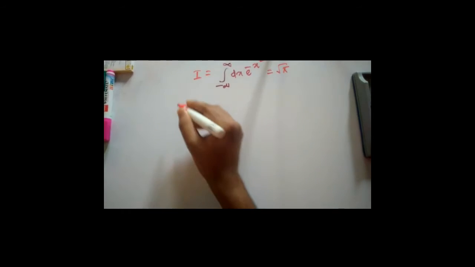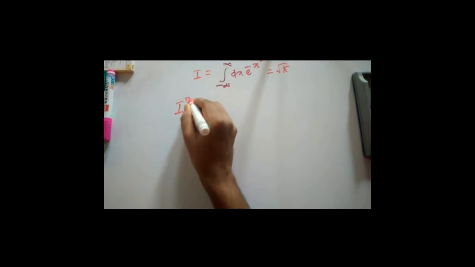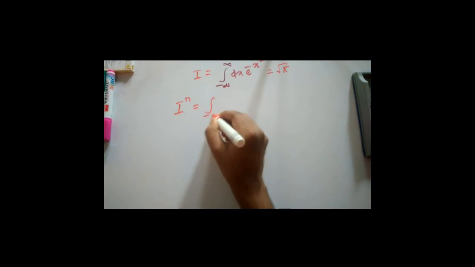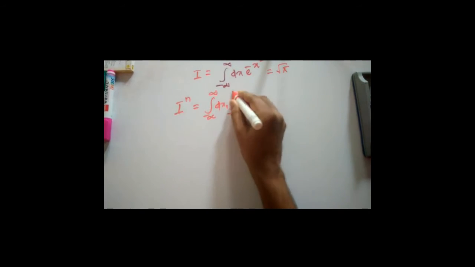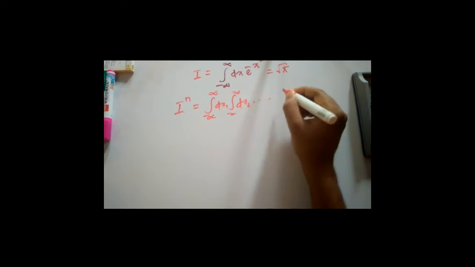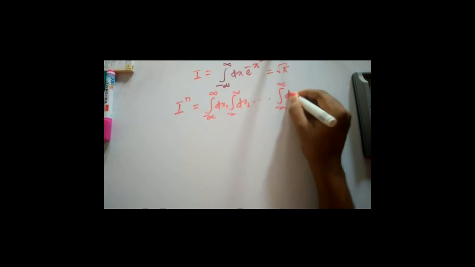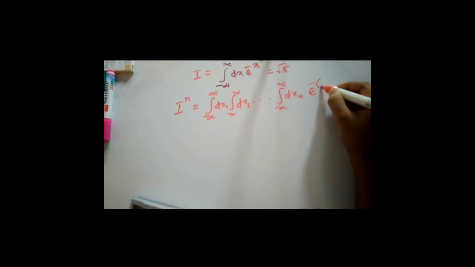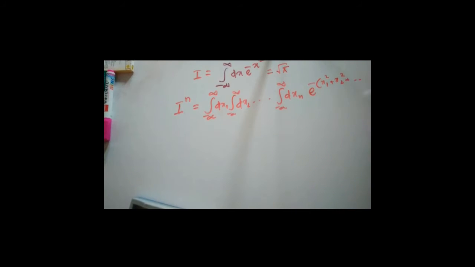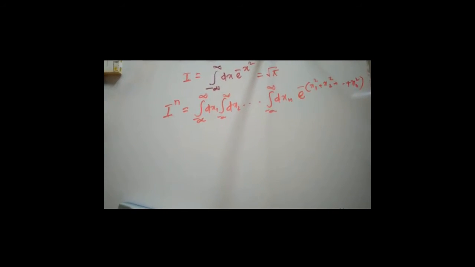And so we write this I to the power n as the integral from minus infinity to plus infinity dx1, minus infinity to plus infinity dx2, up to minus infinity to plus infinity dxn, and here it is e to the power minus x1 square plus x2 square up to xn square, okay? I hope you understand this, right? That is the thing.